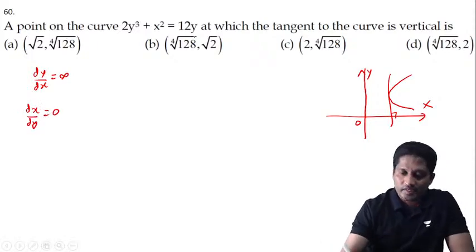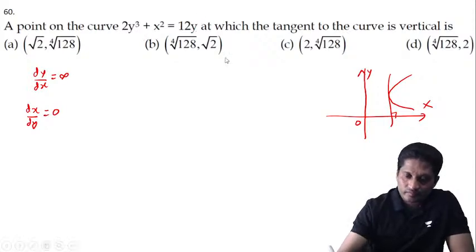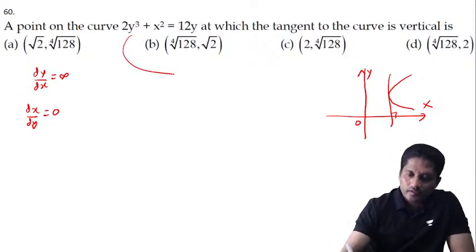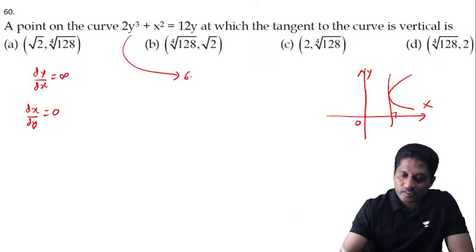Right, now if I differentiate the first equation, you get 6y square into dy by dx is equal to plus differentiation of x square is 2x, differentiation of y is dy by dx.